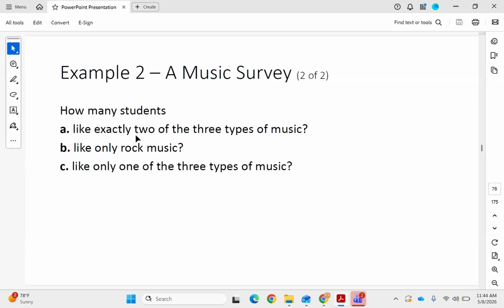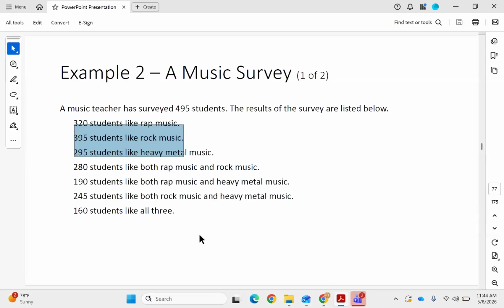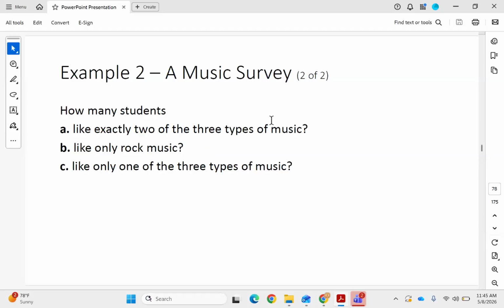The reason the answer is not obvious from the previous numbers is that when I tell you how many like, let's say, rap, some of these people that like rap also like rock and heavy metal. So these numbers do not tell you the answers to exactly these questions. I would like to know the ones that like exactly two, but not three. So what is the number of people who like only two different types of music without liking the third one?